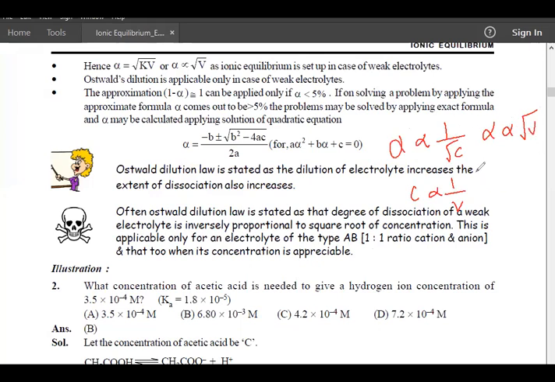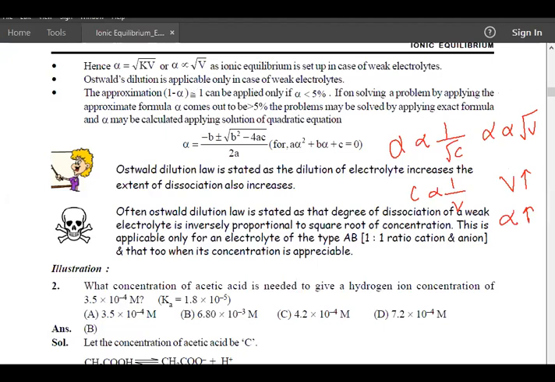Yes or no? Yes. So this says that if we increase the dilution of a weak electrolyte, the degree of dissociation will also increase. Agree.